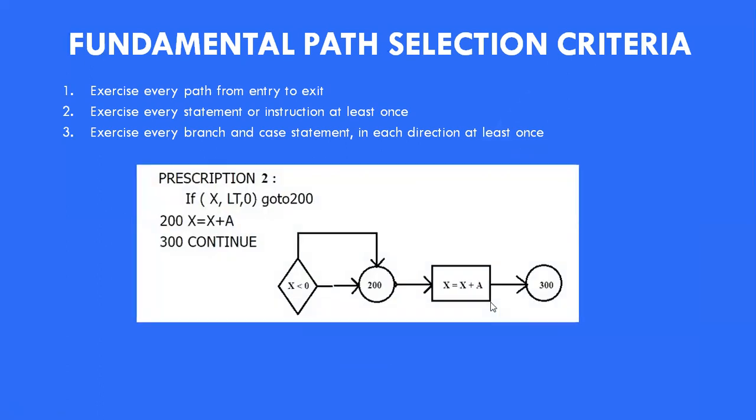In perception 2, if x less than 0, go to 200. Else we go to 200. So even if it is true or false, we are going to the label 200, which makes no sense. Here 200 is nothing but a label, and this is the junction.